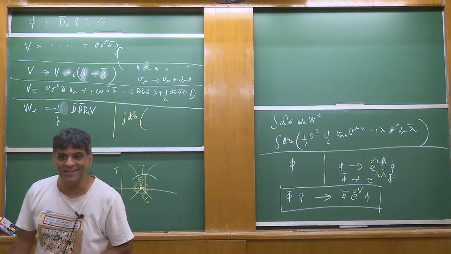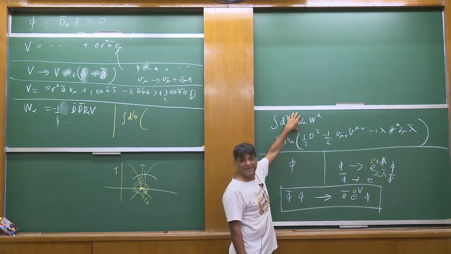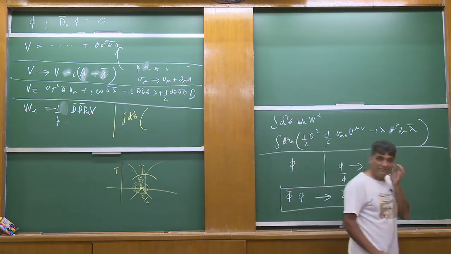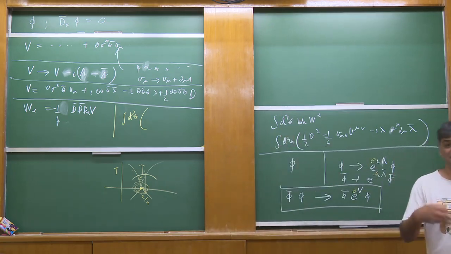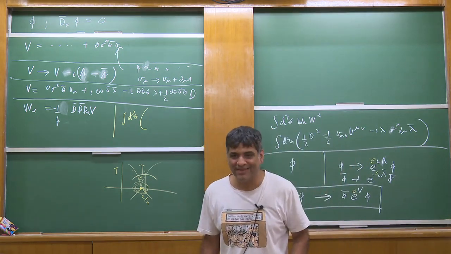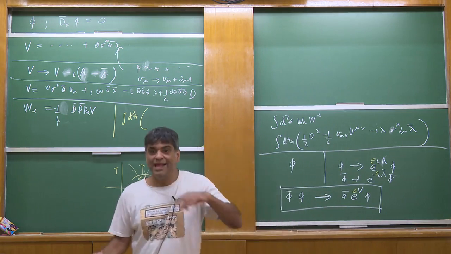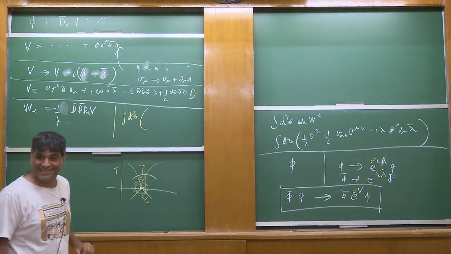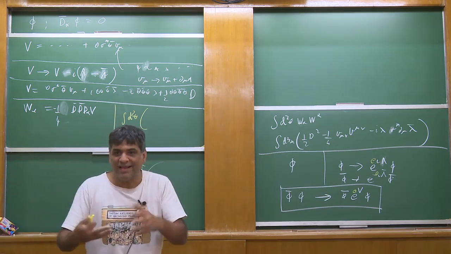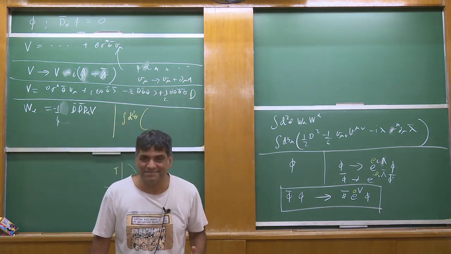What can we do to change it? Really what we can do to change it is to multiply this by some function of phi. Whatever function of phi you multiply it would have to be neutral. So if you have just one phi, you won't have any options for what you can do. If you have many phis, you may have some options. Okay? And when you do that, you get some modified kinetic terms. Kinetic terms depending on where you are in this field space of the scalars.